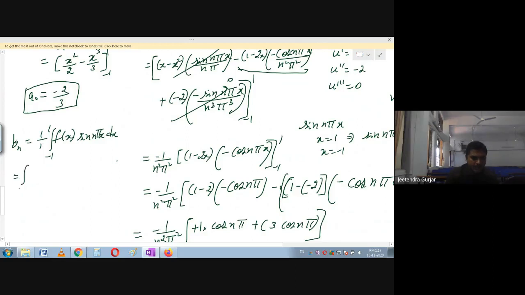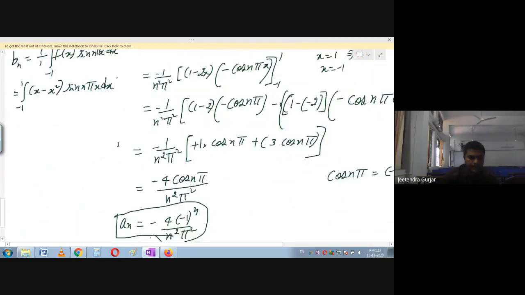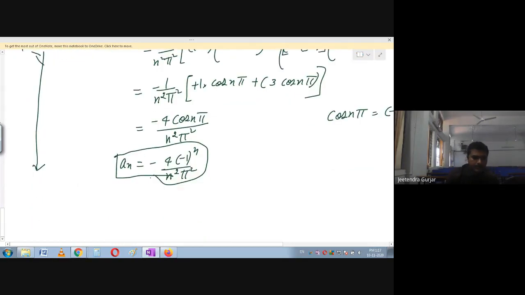This is equal to integration minus 1 to 1. Please remember what is f of x. It is x minus x square, sine n pi x dx. Okay, so I will continue this here. So bn is equal to integration minus 1 to 1 x minus x square sine n pi x dx.